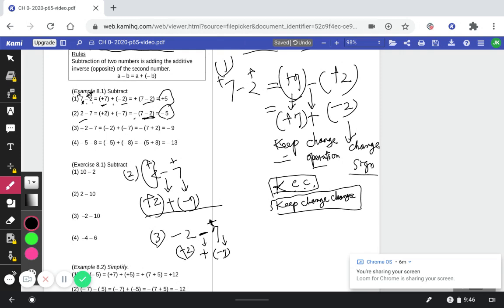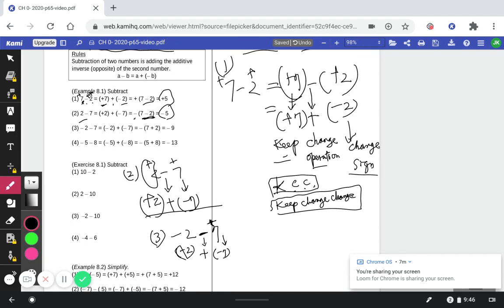So negative 2 minus 7 becomes negative 2 plus negative 7. Does that make sense? Yeah, you do keep change. So you have to memorize that. Once you do keep change, now everything turns into addition of two signed numbers, so you apply that rule.